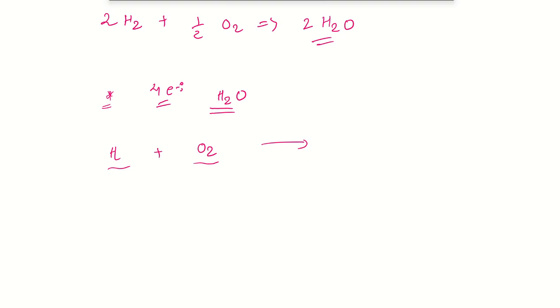Please be focused. If we cross with two electrons and divide by 2 electrons, we make H2O. So it is basically simple. We form H2O, and this is a very simple process. I hope you learned this.